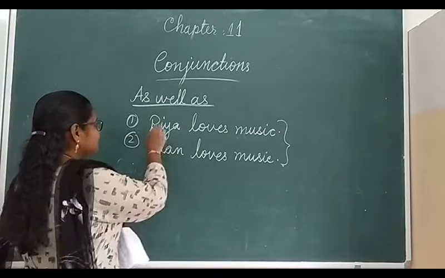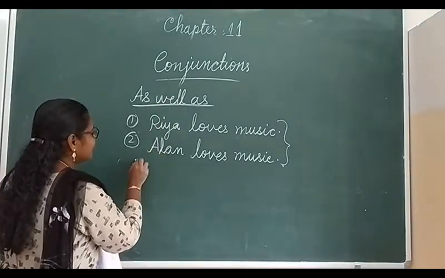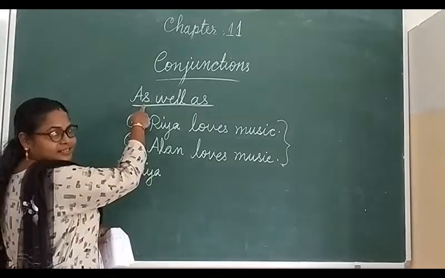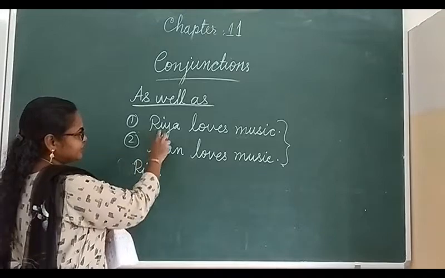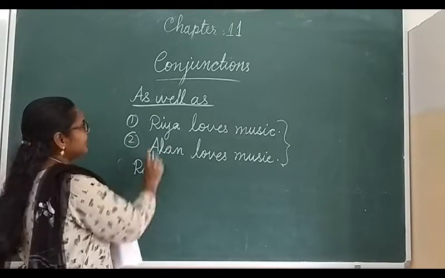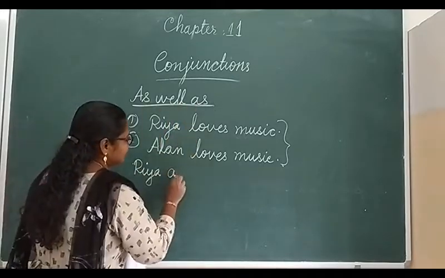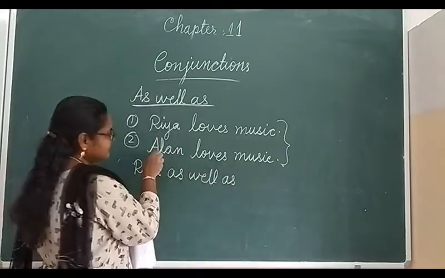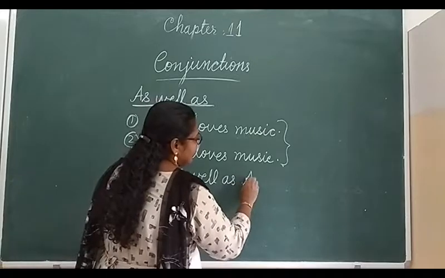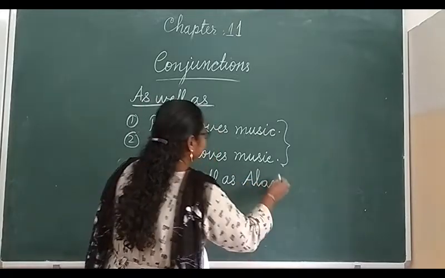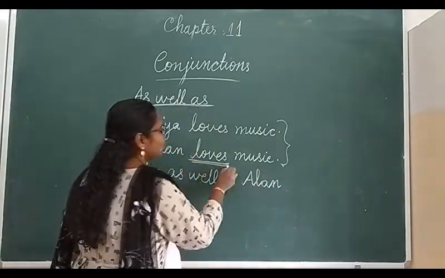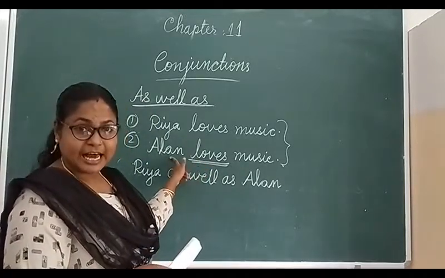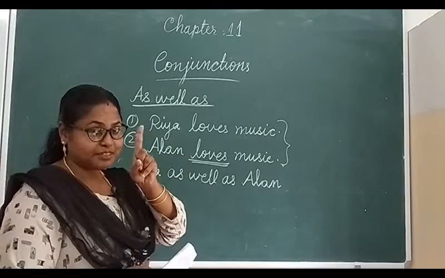So we can write Riya. Then take this conjunction because we need to unite these two names together. Riya as well as Alan. Then this "loves" will change, because "loves" is for third person singular, and Alan is only one person.